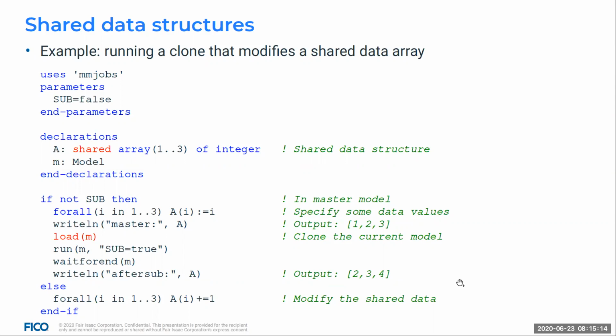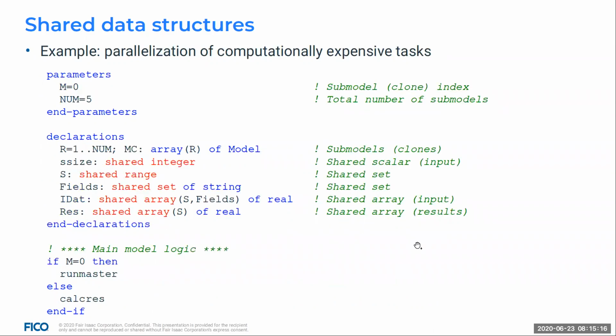Now, this is of course just a tiny example. Why would I want to do something like this? Well, we've observed several times that there may be very expensive, computationally expensive data pre-processing tasks before an optimization model is started.